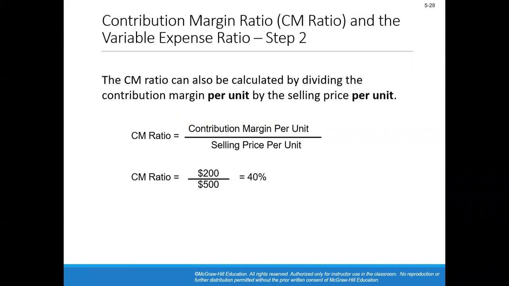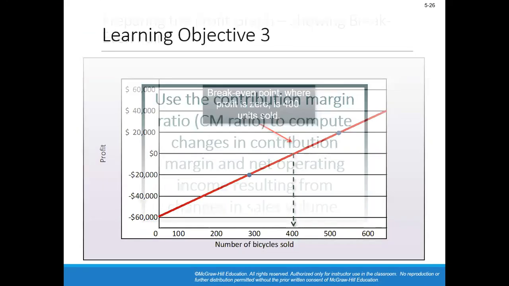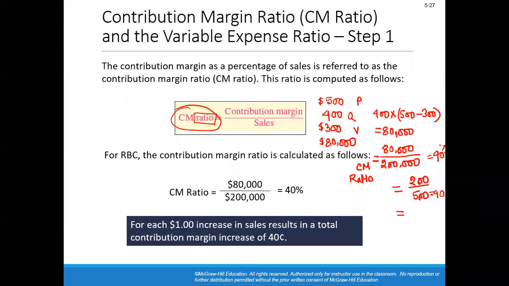So what we have done is learn how contribution margin ratio can be calculated. Now the question is, what do we mean by the contribution margin ratio? From here, you can understand it. Let me change my pen color.